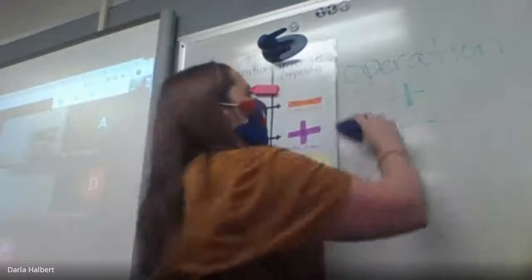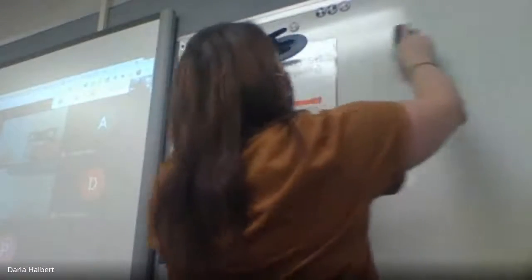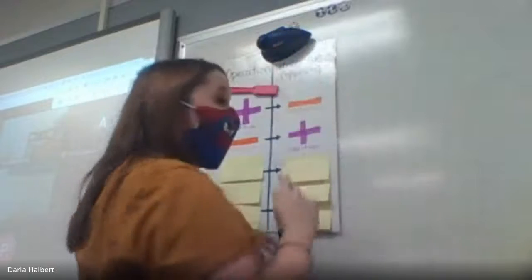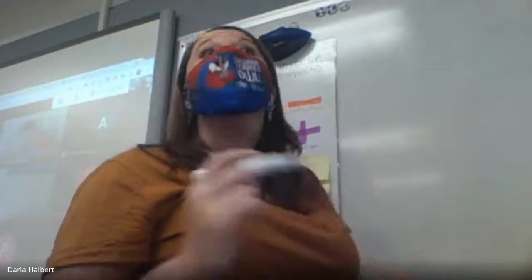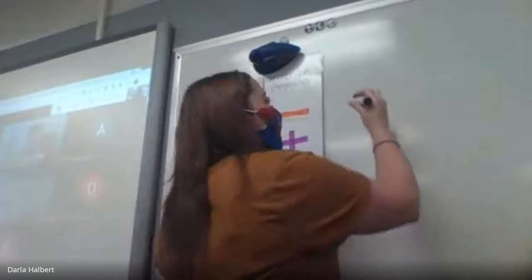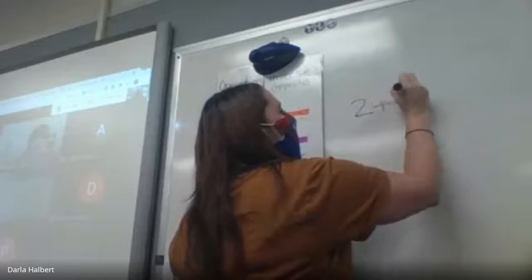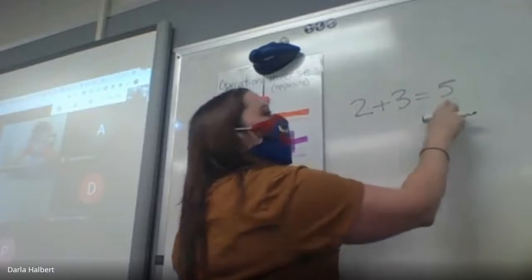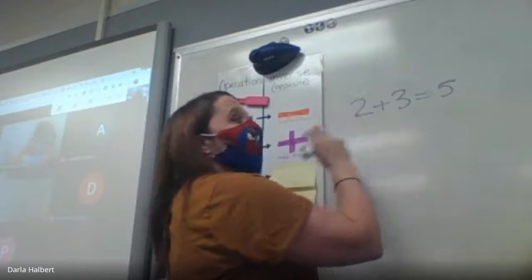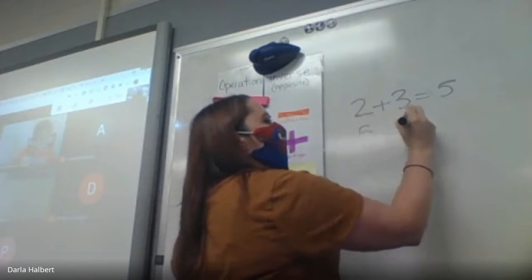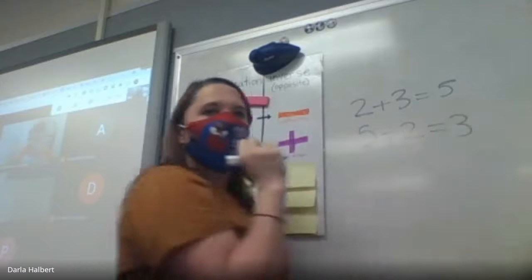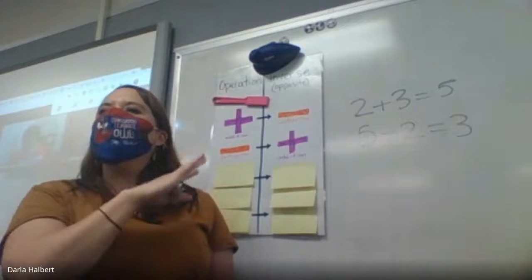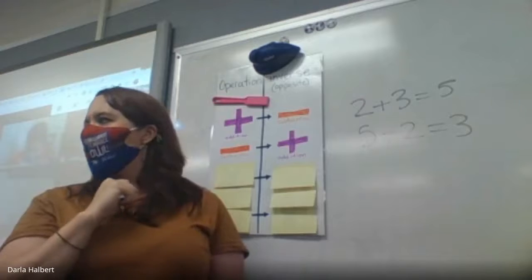Say related facts. Or have you heard of fact families? Does that sound familiar? I know 2 plus 3 equals 5. Well, the opposite would be subtraction. 5 minus 2 equals 3. We're going to do stuff like this, but with bigger numbers today.